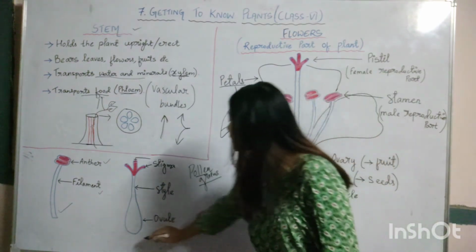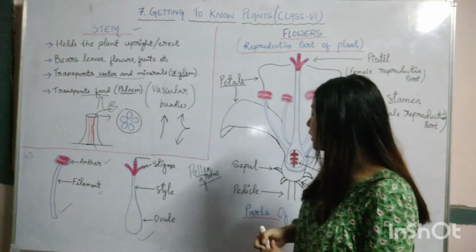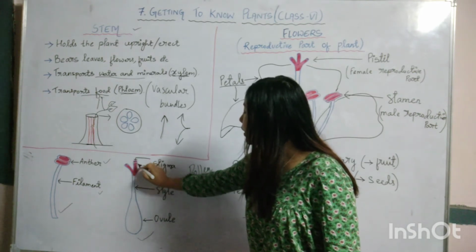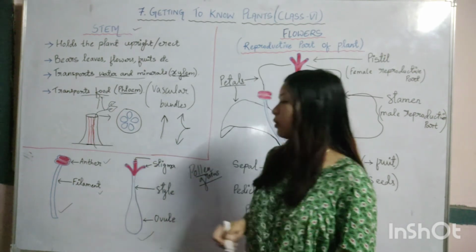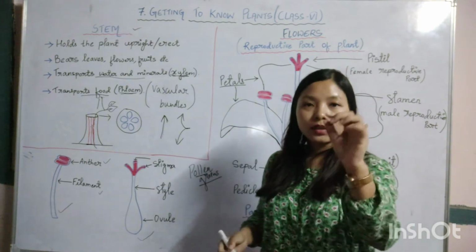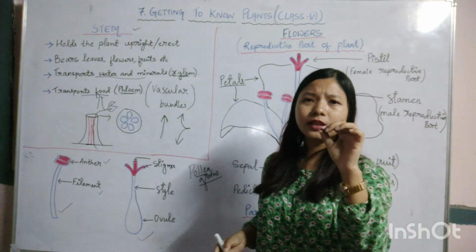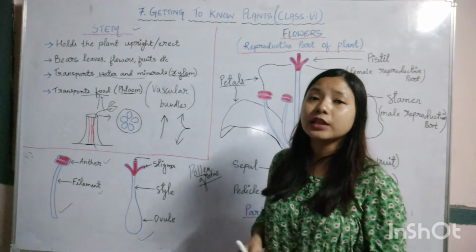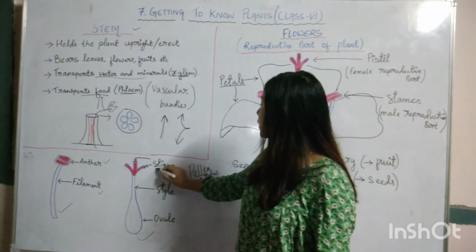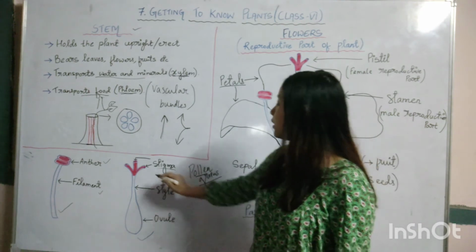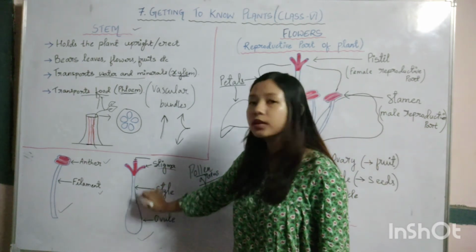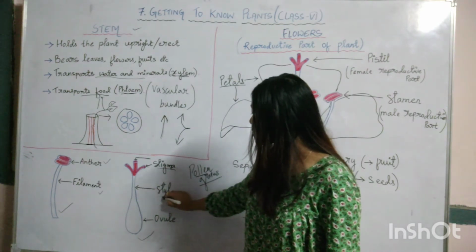Next, here we have a diagram of the pistil. The upper part, the top of the pistil, will be a little wet or moist and sticky in nature. This part is known as the stigma. Then this stigma is connected to the ovary through the style.